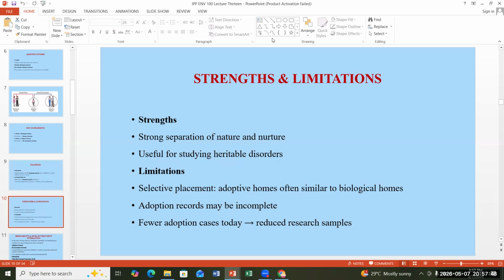Maybe the adoption data is incomplete. Third, there are fewer adoption cases today. With the passage of time, adoption cases have reduced to a minimum. For that, the research sample size is not sufficient, so we cannot say with much validity about adoption case studies.